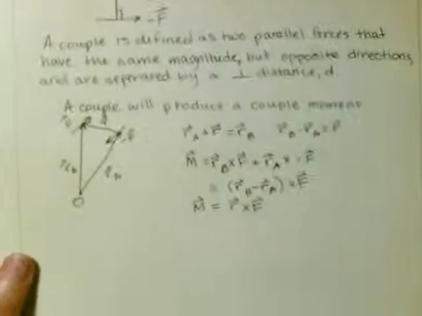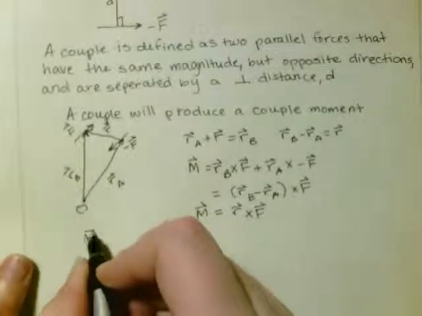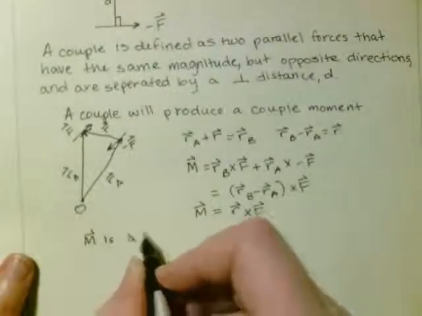So what's interesting about couples is that M is a free vector.